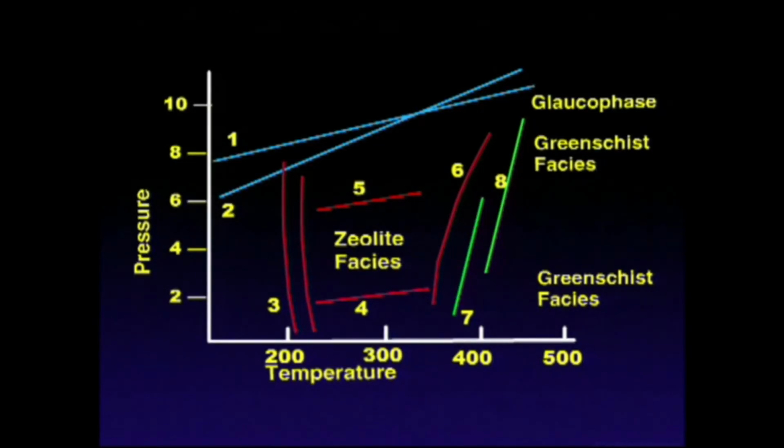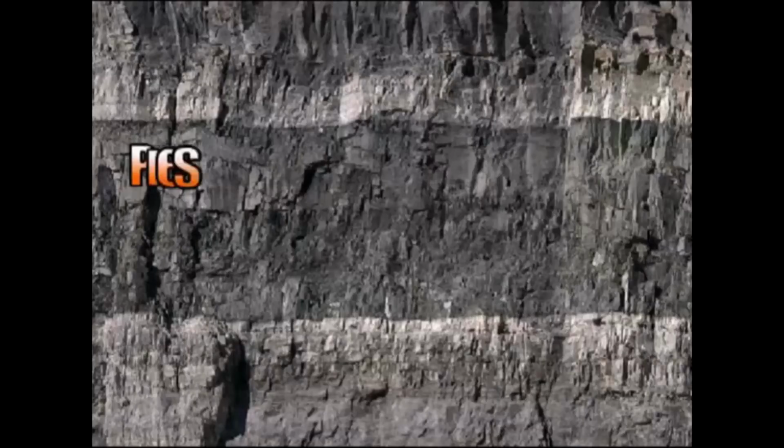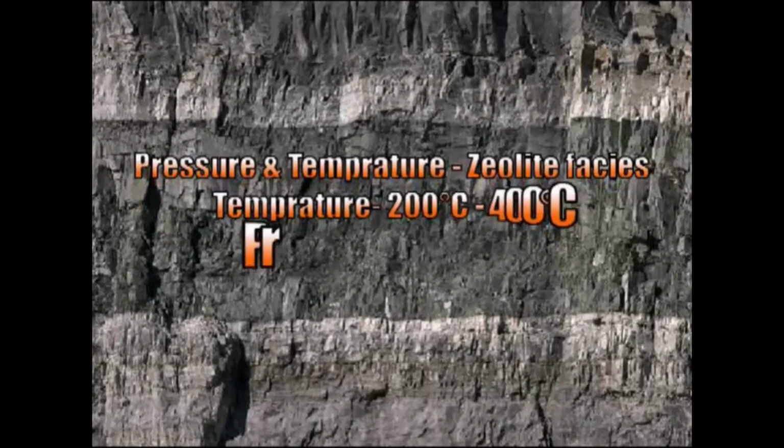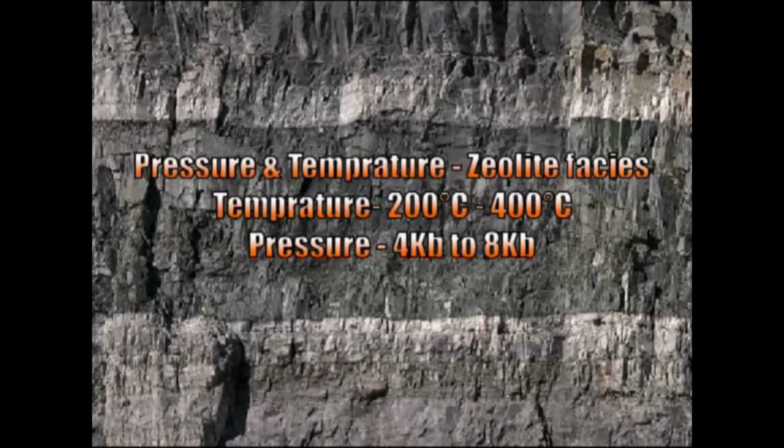Thus, on the basis of these reactions, we can say the temperature limit for zeolite phases varies from more than 200 degrees centigrade to 400 degrees centigrade, and the pressure limit varies from 4 to 8 kilobar.